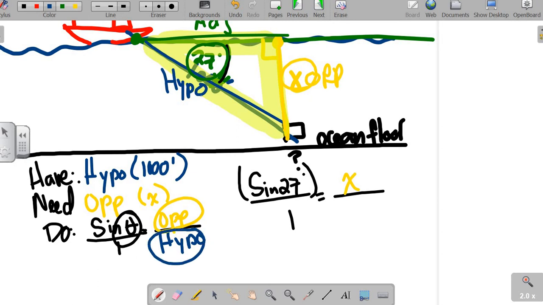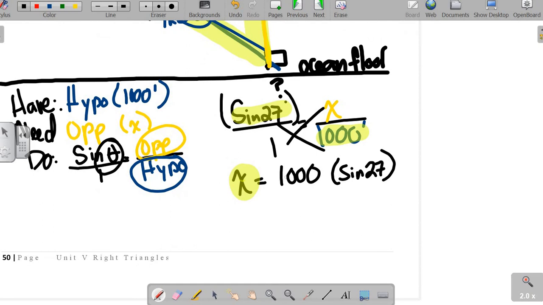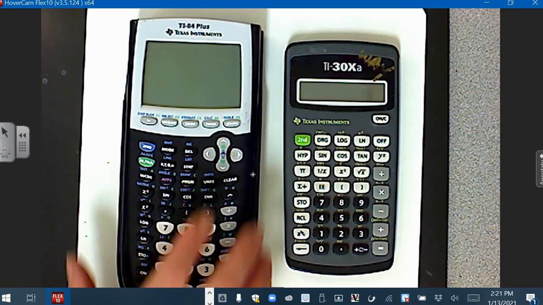Our hypo is the 1,000. When our x is by itself, which once we multiply these, x is by itself. So our x here, which is our depth, is 1,000 times sine of 27 on the calculator.